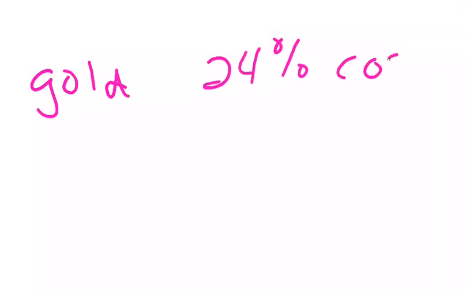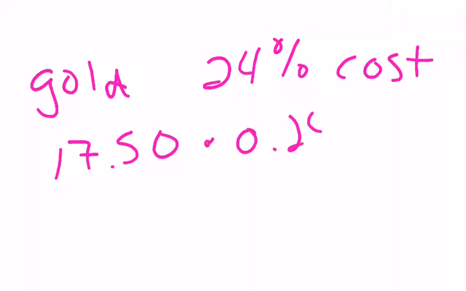And then for the cufflinks, there's not an actual listing for cufflinks, but the chart says gold if you bring gold back, and that's 24% of the cost. So $17.50 times 0.24 gives you $4.20.